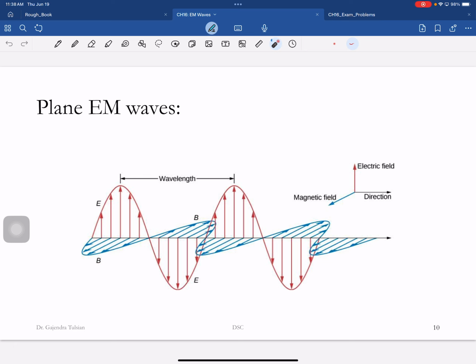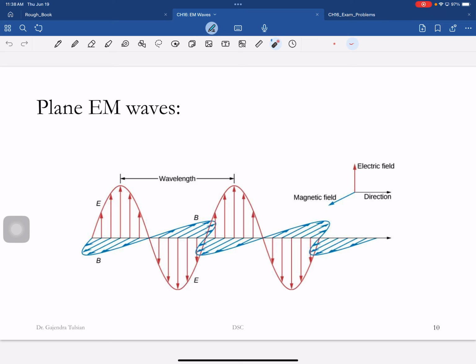It turns out that in these electromagnetic waves, the electric field, the magnetic field, and the direction of travel are perpendicular to each other. So if you use your right hand, if your thumb points in the direction of the electric field, your index finger will point in the direction of the magnetic field, and your middle finger will point in the direction of travel.